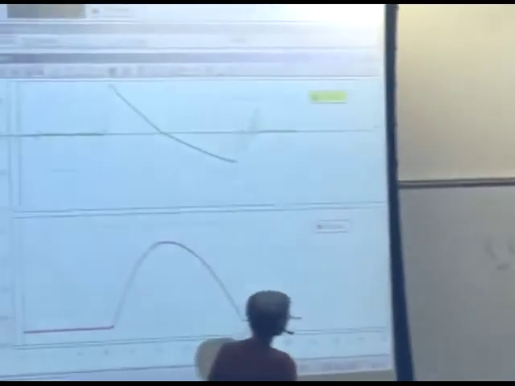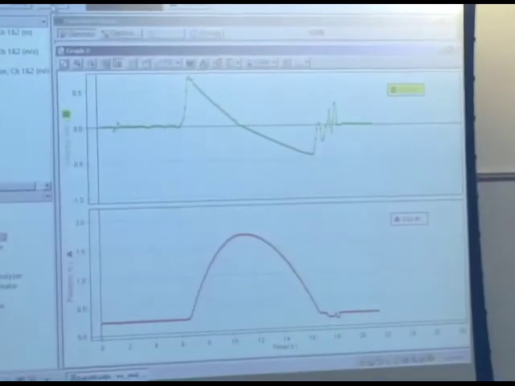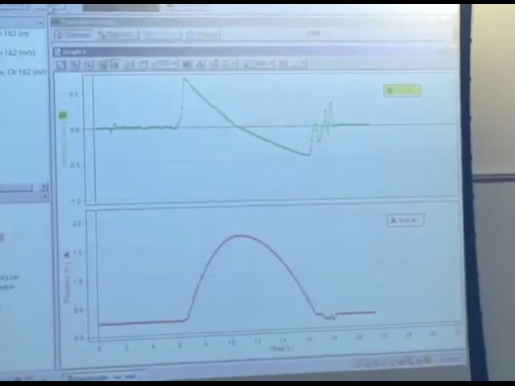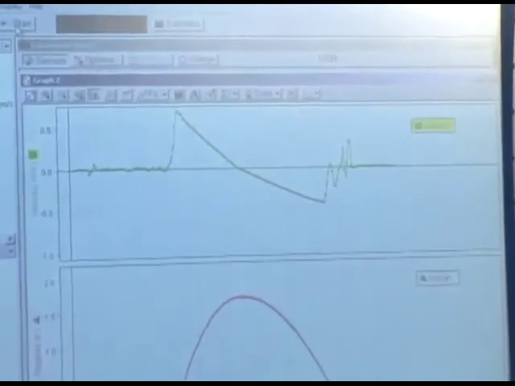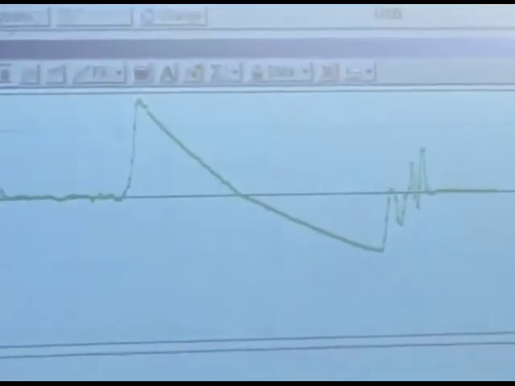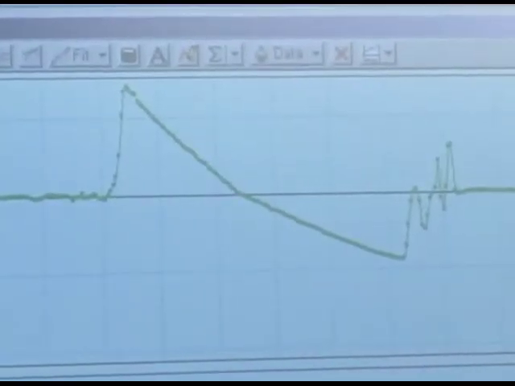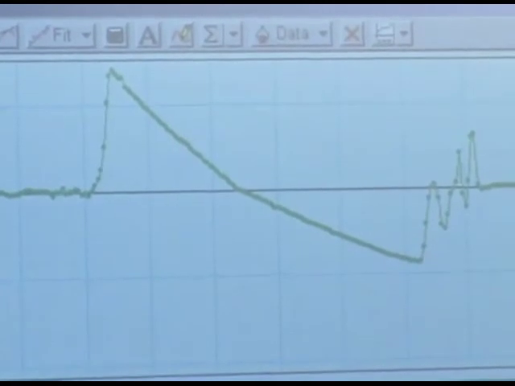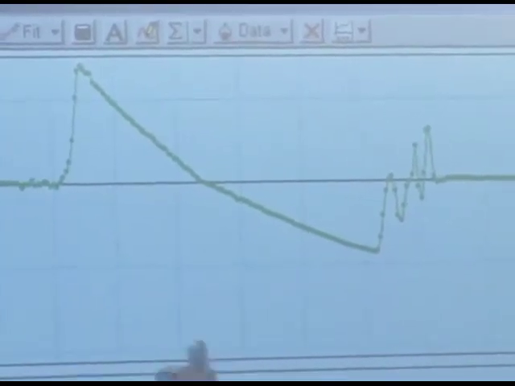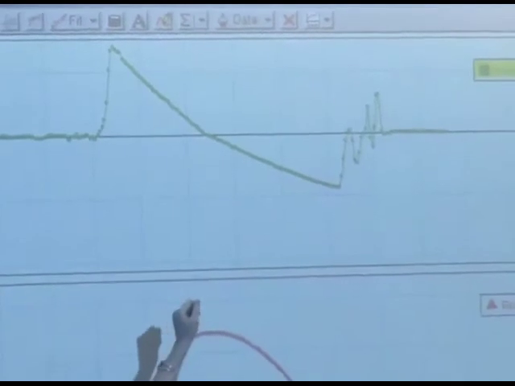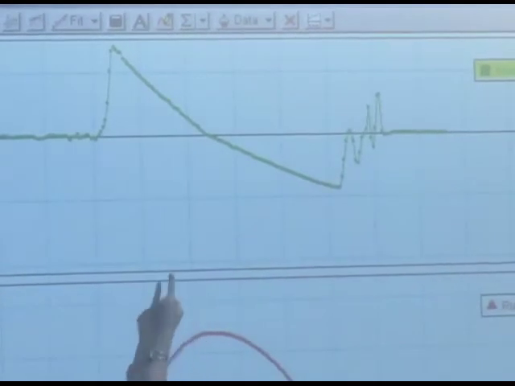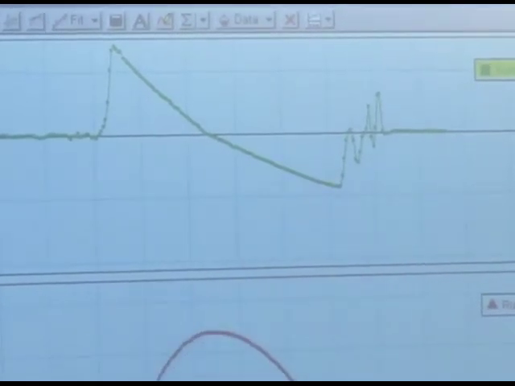Okay, well, looks like we almost got it, but not in detail. From here to here, it looks like the slope is pretty straight. From here to here, it looks like the slope is pretty straight. It's just not quite the same.